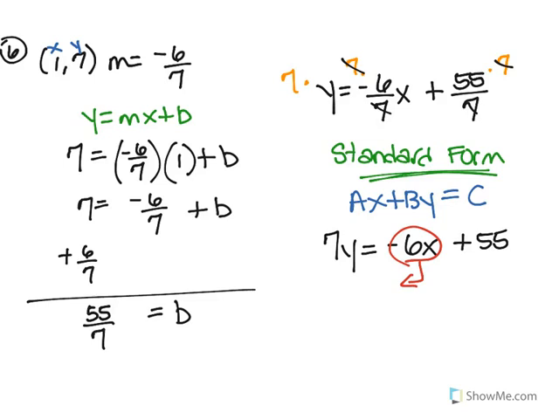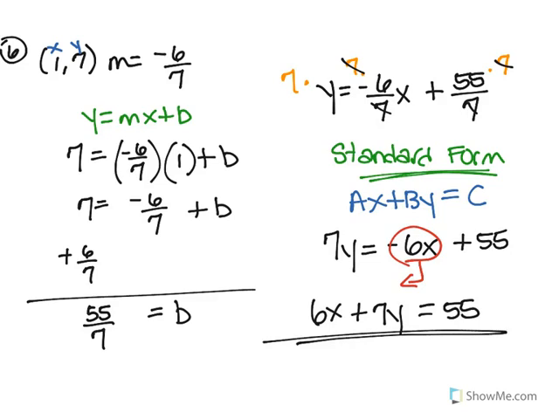So it's negative, so if I move it, it becomes a positive. So I got positive 6x plus 7y equals 55. My x is positive, so I'm done. Do y'all see that? So I'm looking for 6x plus 7y equals 55.